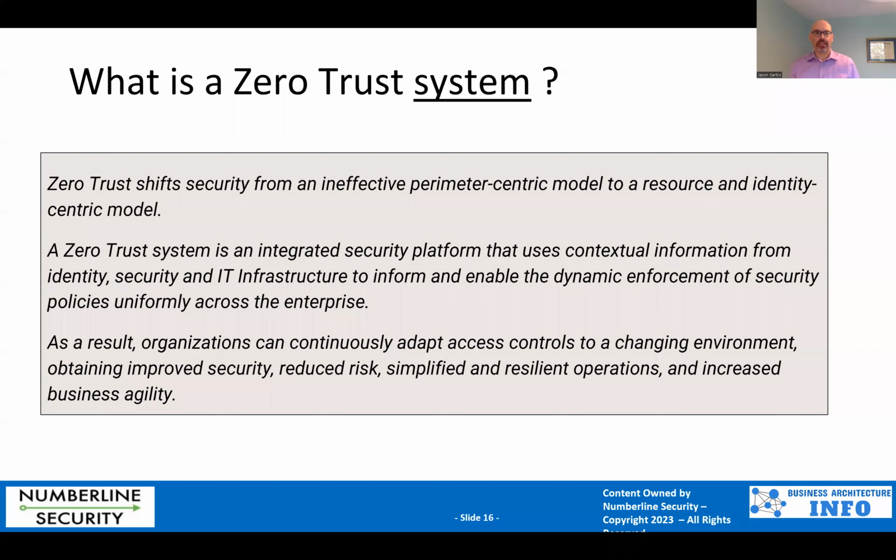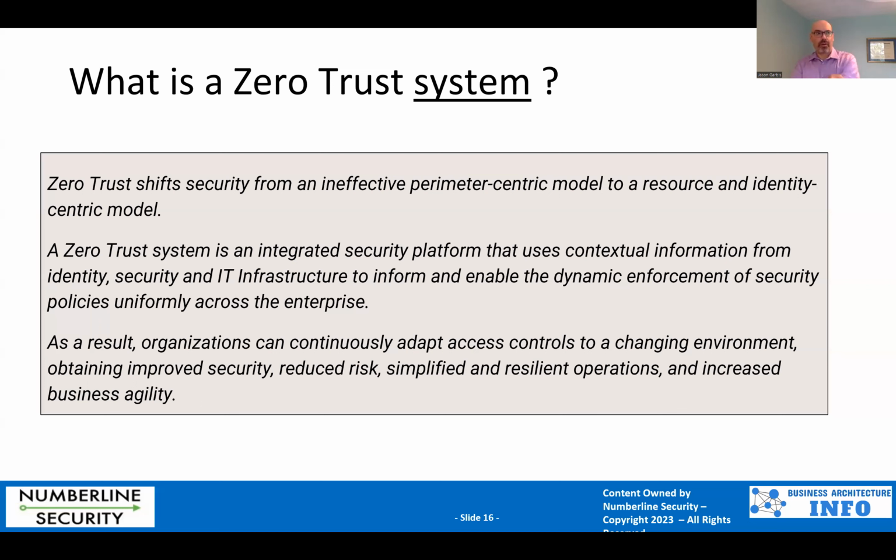So a zero trust system is a system built on these principles, and it shifts security from the traditional, and I think we all agree, ineffective, perimeter-centric model to one that's resource and identity-centric. And a zero trust system is something that acts as an integrated platform for your organization, and it uses this contextual information from the identity system, from security infrastructure, from your IT environment, to then enable the dynamic enforcement of these security policies uniformly across the enterprise.